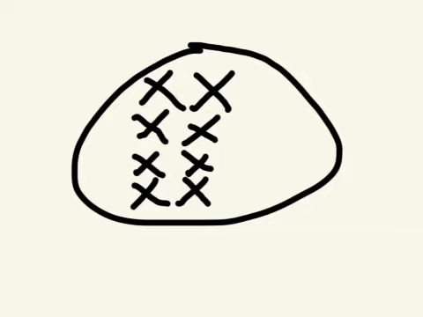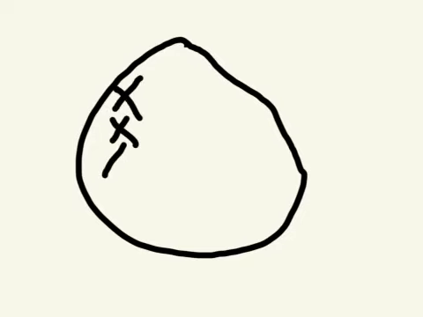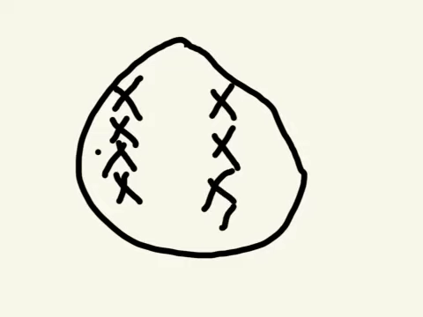So now, when the chromosomes split, it's not sister chromosomes. It's the homologous chromosomes that go towards the end of the cell, known as anaphase 1.